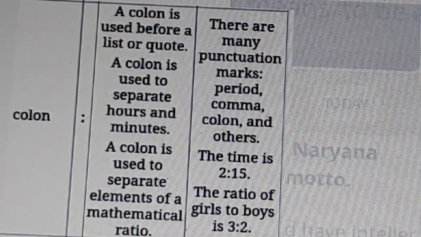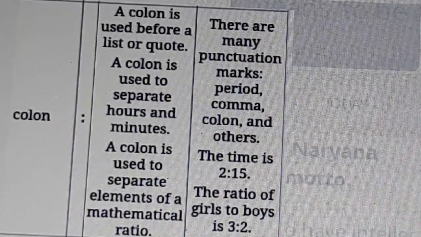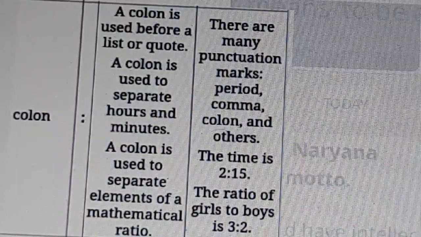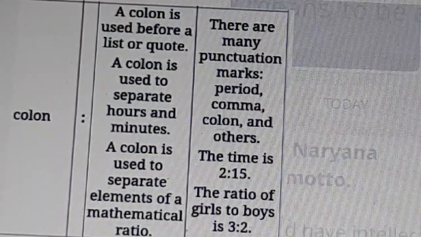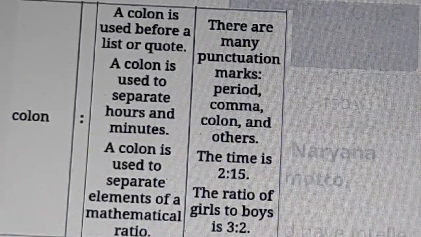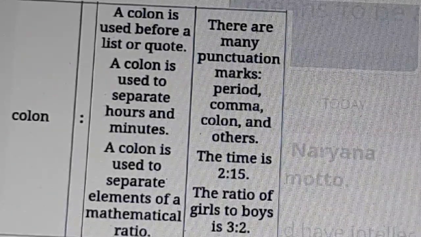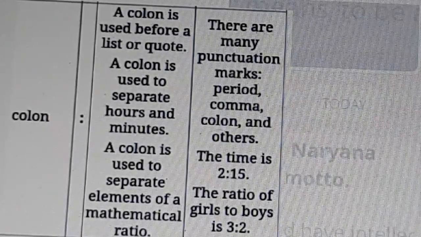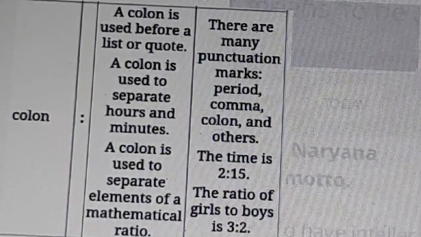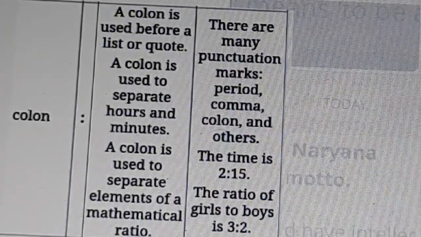Here the time is 2:15. Next, a colon is used to separate elements of a mathematical ratio. Here the ratio of girls to boys is 3:2.